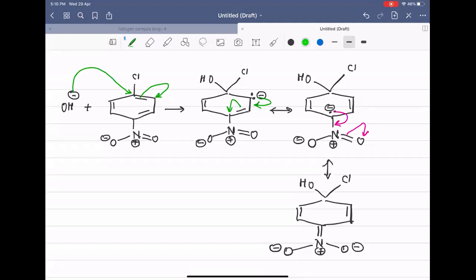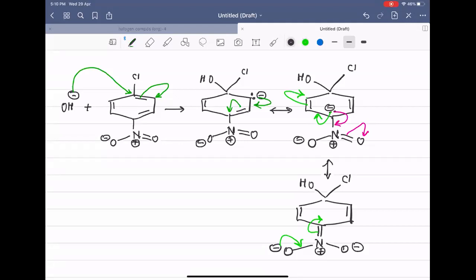You can have your lone pair coming here and this going back here. So from here on, you can also have lone pair becoming pi bond and pi bond lone pair, and it continues. And finally, from here on, chlorine is taken off and OH occupies.